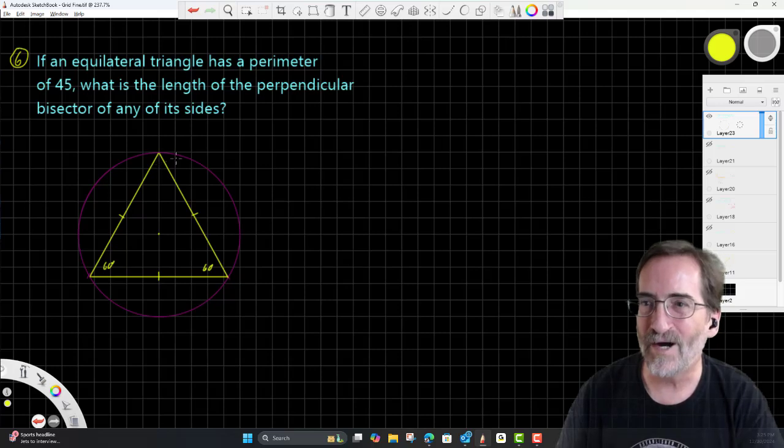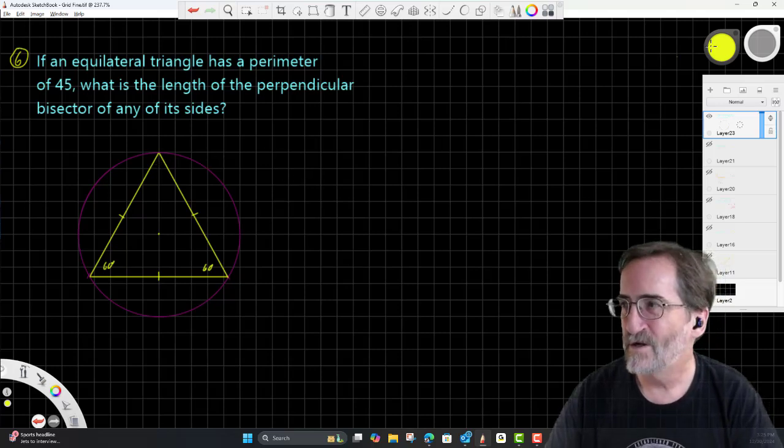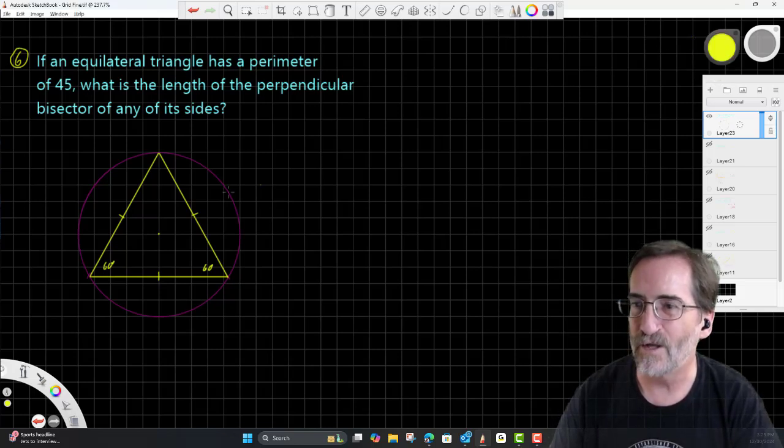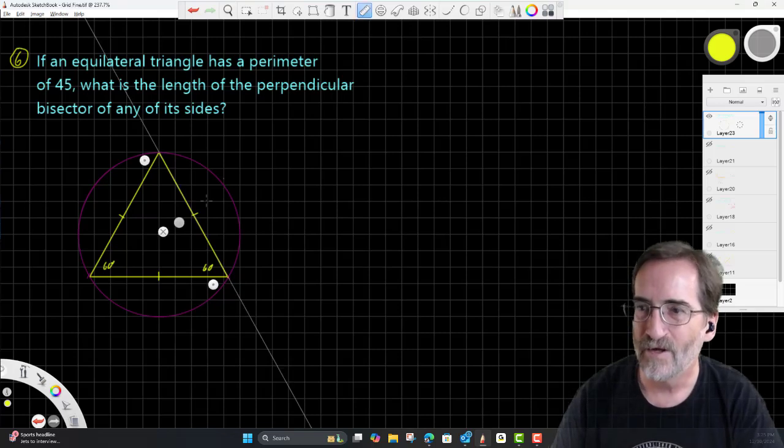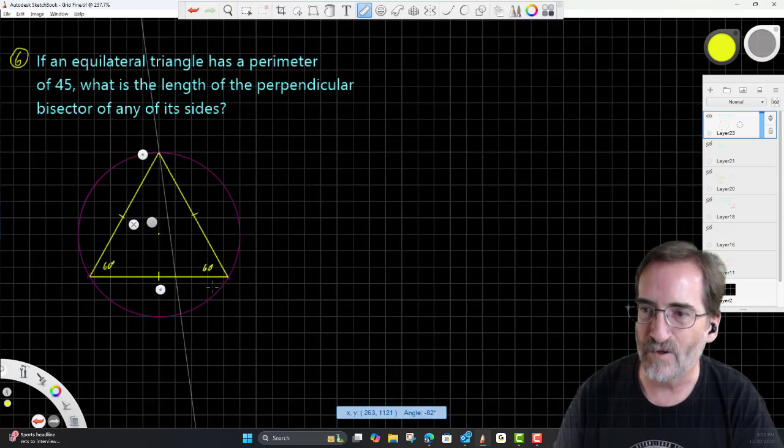Now, the perpendicular bisector of any of its sides. So the perpendicular bisector basically is where we draw a line that is perpendicular to the side and bisects or splits it in half. That basically is this vertical line right here.